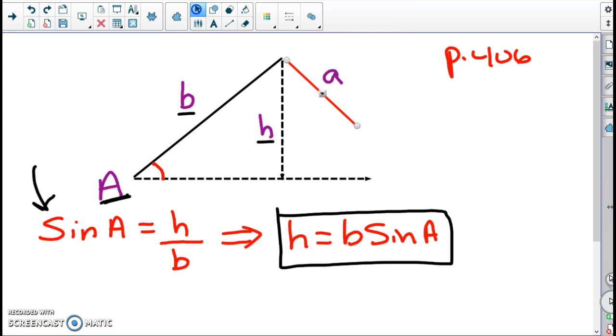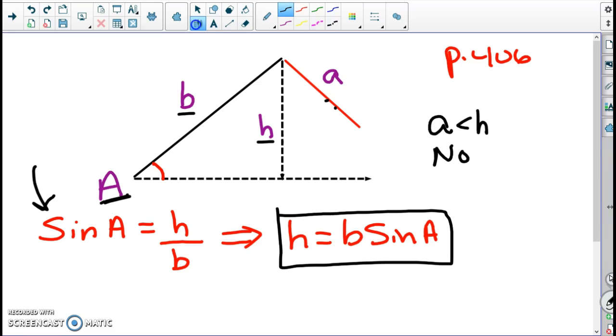In the case where A is less than H, we can see that if we take side A and swing it, it's never going to touch that base, and therefore we have no situations in which a triangle could exist. Okay? So that's none. A is less than H, none. Let's look at the next one.